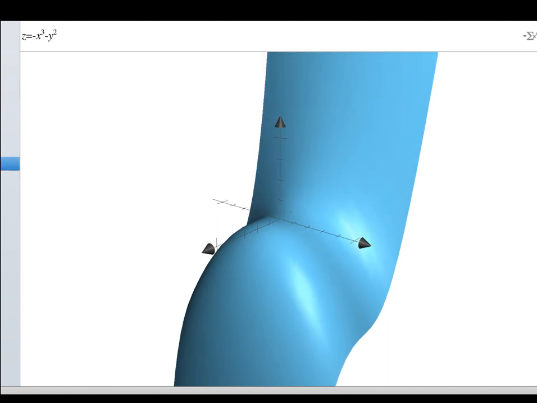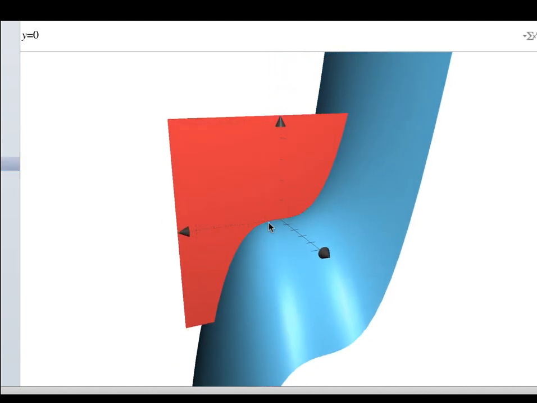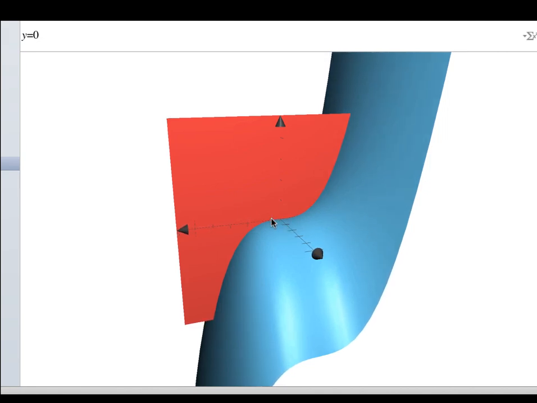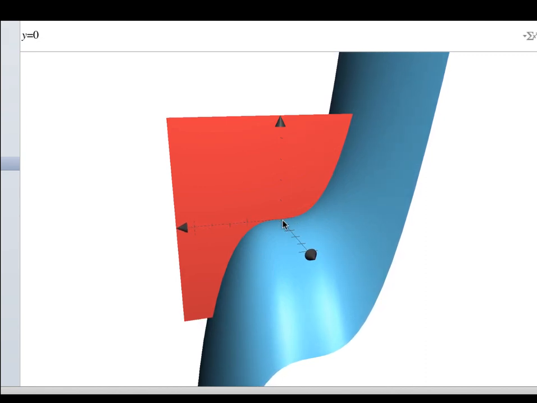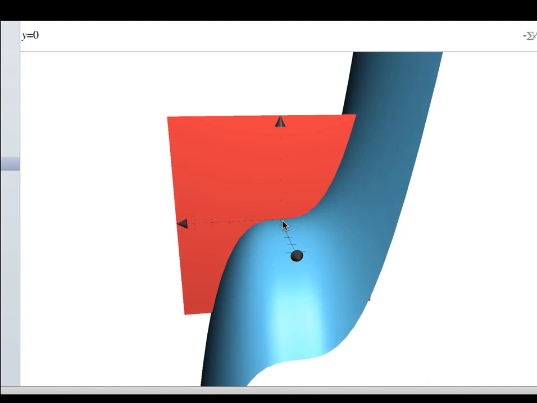If we intersect this graph with the plane y equals 0, we can see that in any open disk around (0, 0), we're going to get function values that are both less than and greater than f(0, 0). And that right there satisfies the definition of saddle point, because we also have that both the x and y partials are 0 at (0, 0). So we have a saddle point at (0, 0).